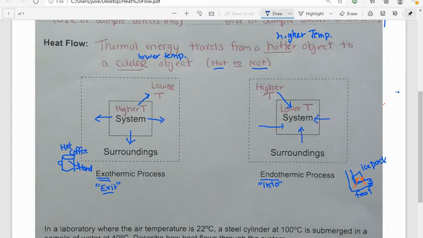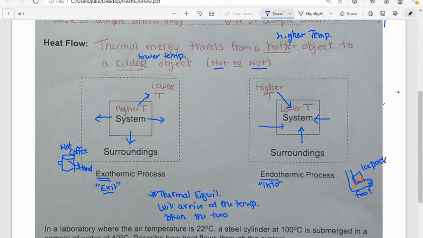So understanding, first off, that thermal energy is always going to go from the hotter to the colder material, and then this difference between an exothermic process versus an endothermic process. Now, just realize that if you have these two materials, you will achieve a thermal equilibrium, where the two materials will arrive at the same temperature between the two.